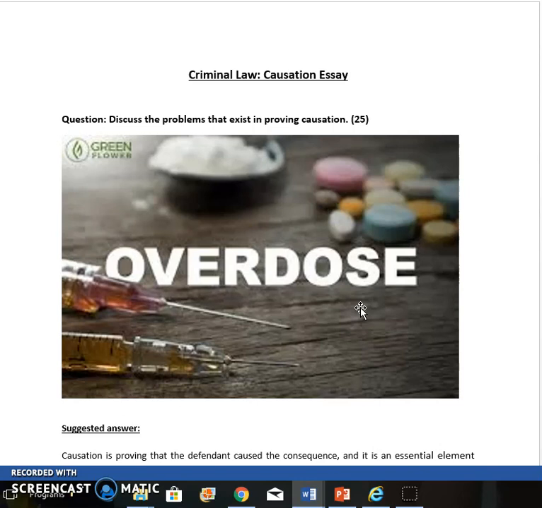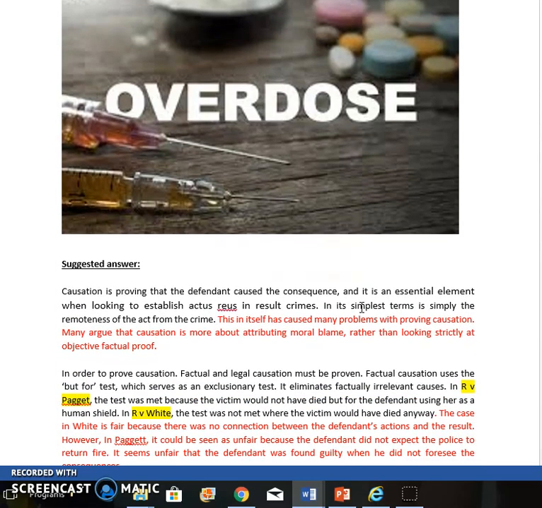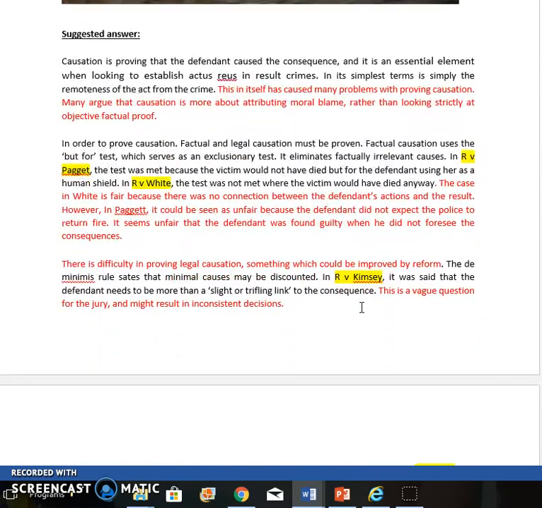Remember that your AO1 marks are worth 10, your AO2 marks are worth 15. So you do need to make sure that you are putting plenty of evaluation and analysis in the essay. So if we scroll down to my suggested answer, as usual, my AO1 comments are in black, my AO2 comments are in red.